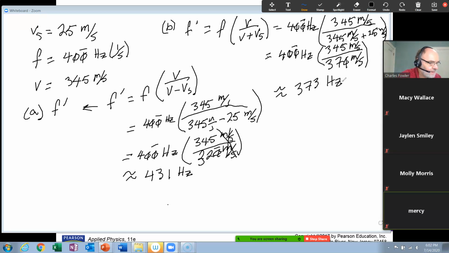Now, that finishes, or almost finishes, the section. One pretty major little blurb here on physics connections on page 441. If you don't have your book, it's well worth a read. This is a diagnostic medical sonography for fetuses.